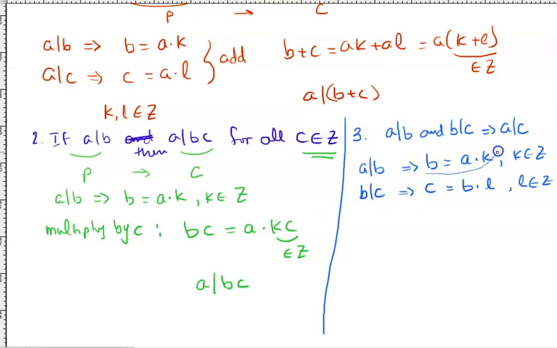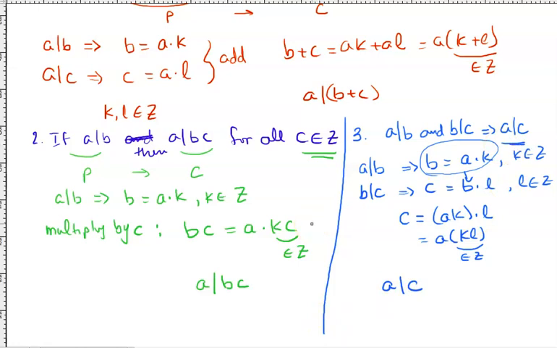We're going to take this and substitute it for B here. I'm going to say C equals AK, substituted, times L. I'm going to rewrite this as A times KL. We know this is an integer. So because C is A times an integer, then we say A divides into C. So that proved our conclusion.